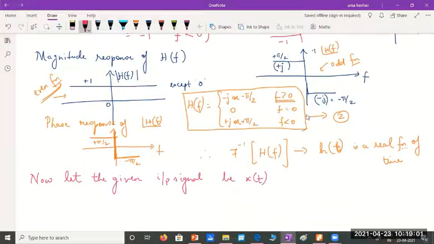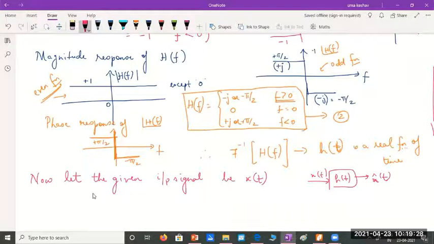We have considered it as x of t only. We have considered the given input signal. We had considered x of t given to h of t to get x cap of t, right? We had considered it like this.